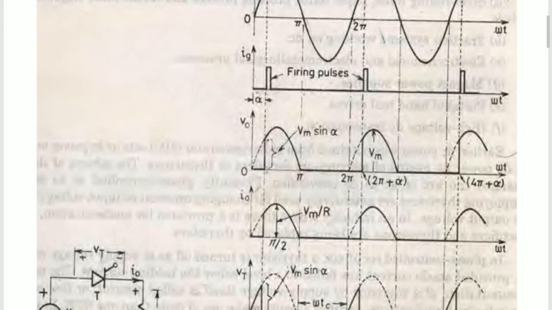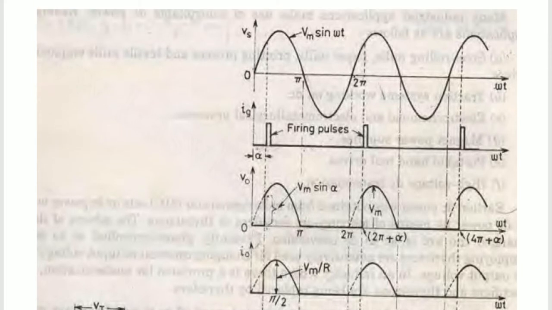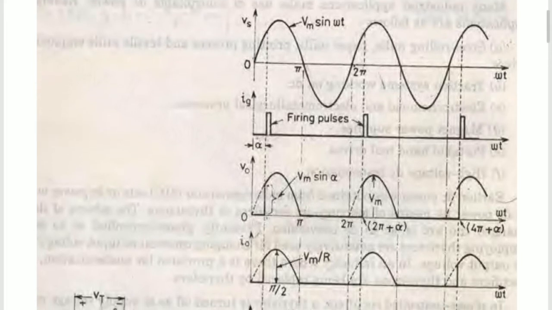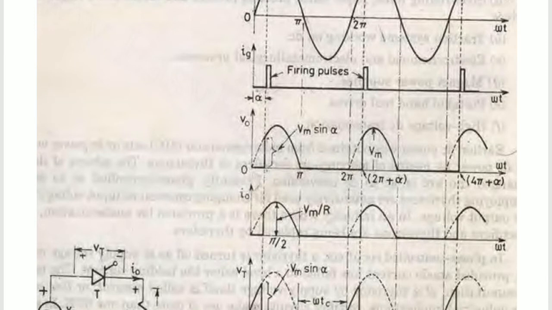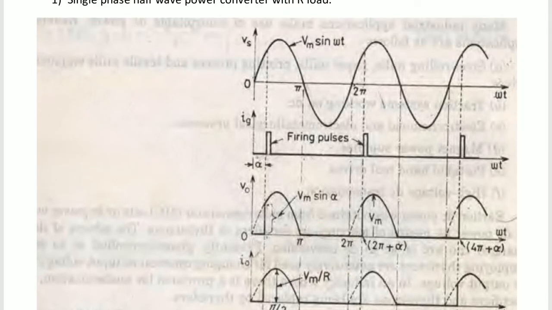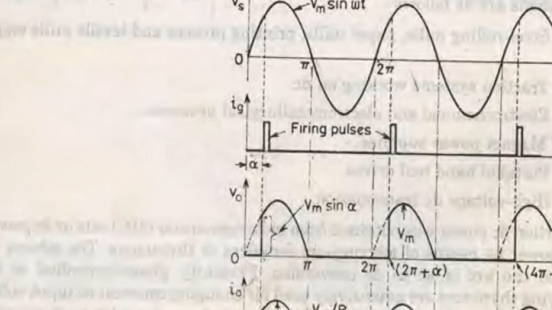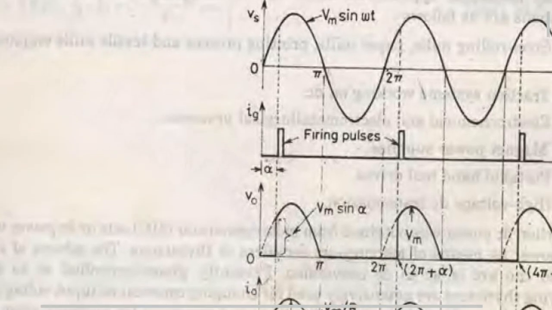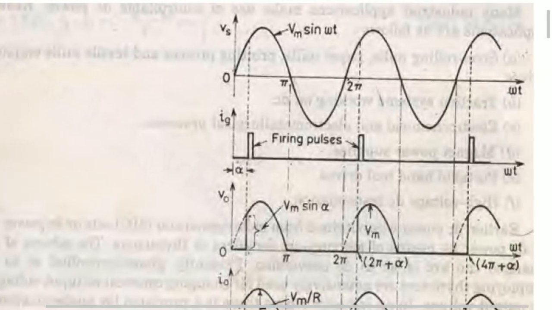There is only one SCR in the circuit. As soon as we fire the SCR, that means we provide the gate supply to the SCR at an angle alpha, which is nothing but the firing angle. So at an angle alpha we fire the SCR.